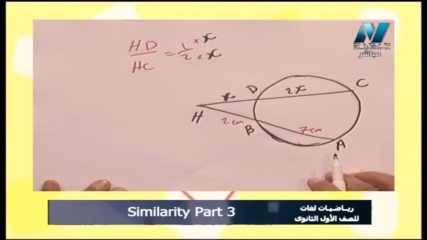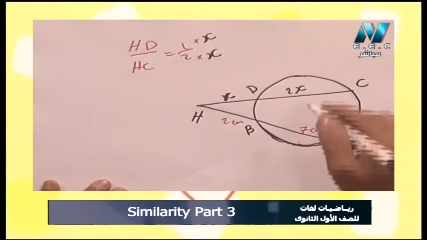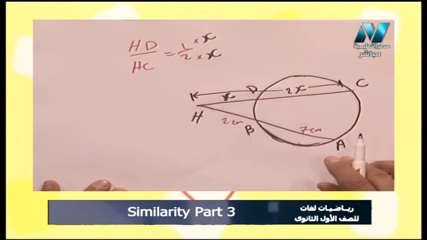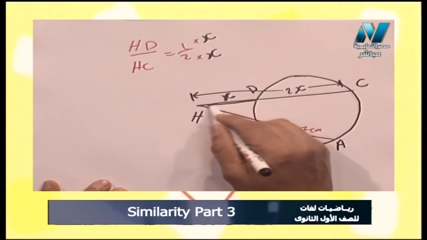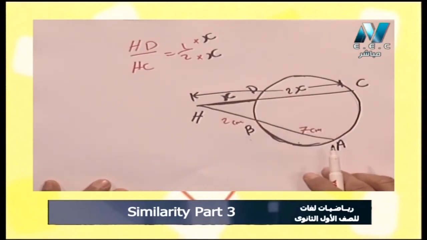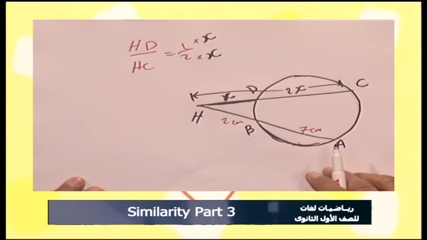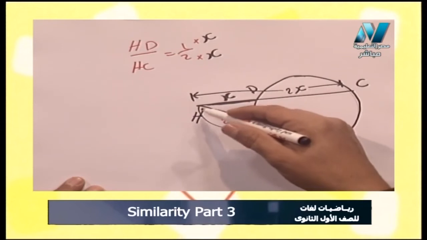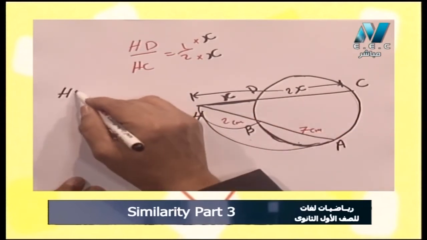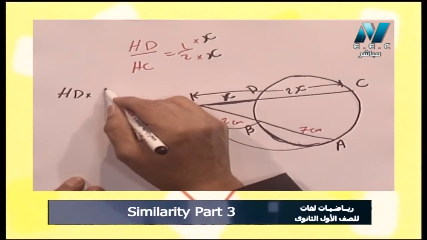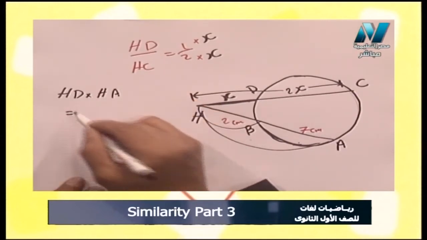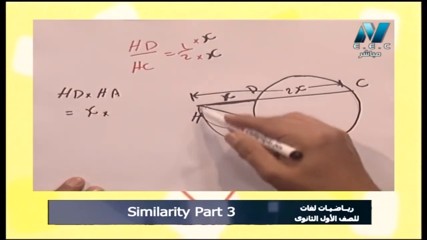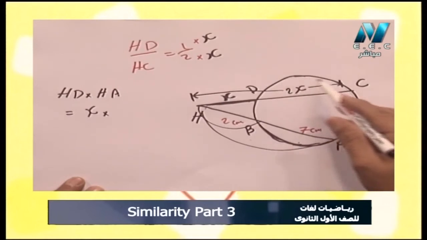Concentrate with me. This x is only for HD, and 2x is the whole HC. So we will apply the relation between them. We have HD multiplied by HB, HD times HA equals what? Equals x multiplied by the whole HC, which is 2x.